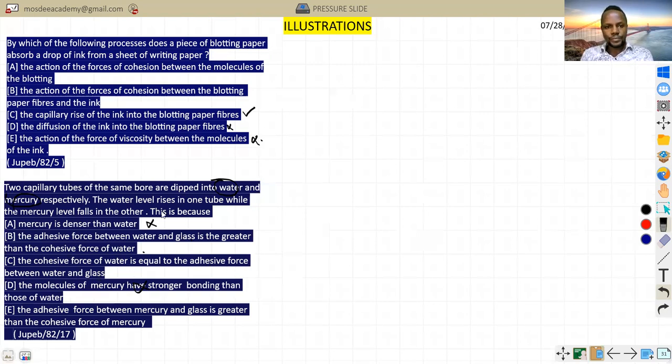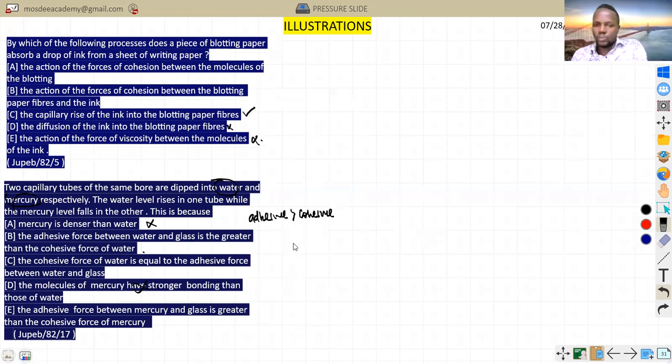Now, for water to go up, like what we've talked about in capillary action, the moment you drop a narrow tube into the water, the meniscus is what actually causes it. Concave meniscus means adhesive force is greater than cohesive force, and that is why in a concave meniscus the water level will rise.